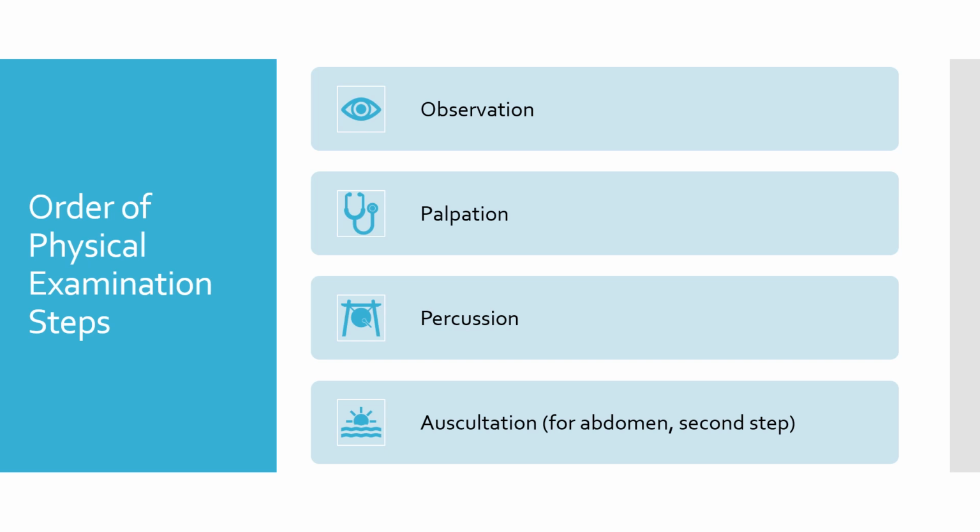After palpation is percussion. Percussion is a useful tool for determining the location, size, and density of our organs or our masses. A lot of times that's not a nurse's responsibility. That's going to be more on the provider, but just know that percussion has to come in that order. And then auscultation is that last and final step.